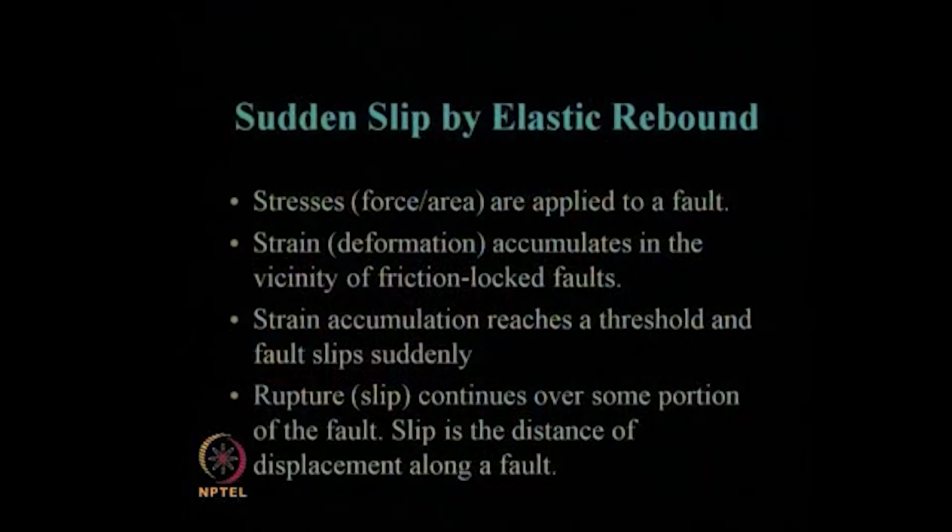So, if we want to see how the sudden slip occurs by elastic rebound, this is what we have learned through this picture. First, stresses are developed, that is, stresses, which are force per unit area, are applied to a fault, and those stresses automatically create a strain or deformation which gets accumulated in the vicinity of the friction-locked faults, that is, those are initially locked faults.